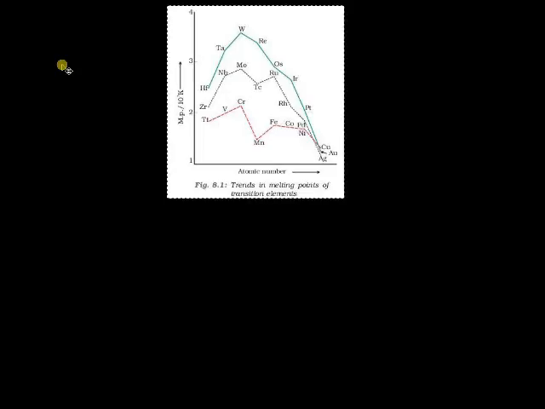So, in a nutshell, if you are asked to give a reason for the high enthalpies of atomization of transition metals, you have to state precisely that it is due to the availability of a larger number of valence electrons from the ns and (n-1)d orbitals.